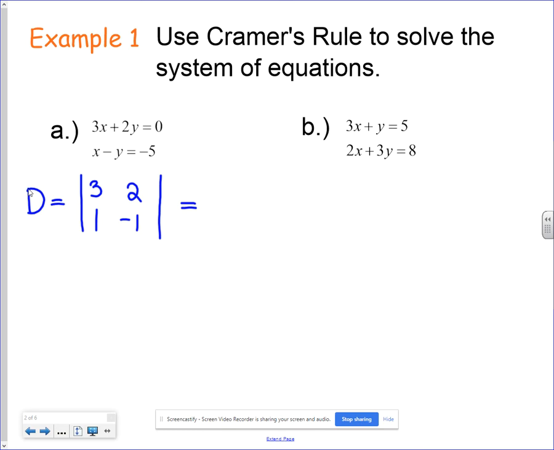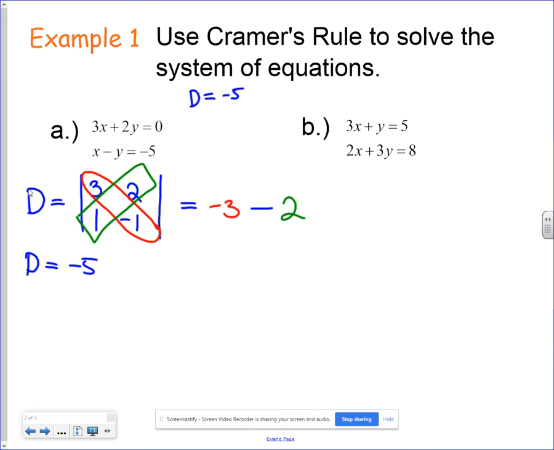Remember, when you find the determinant, multiply these two together: 3 times -1 is -3. And it's always minus; in the determinant, you always use subtraction. Then you multiply these together: 1 times 2 is 2. So D is equal to -5.